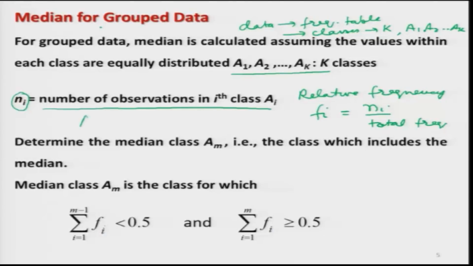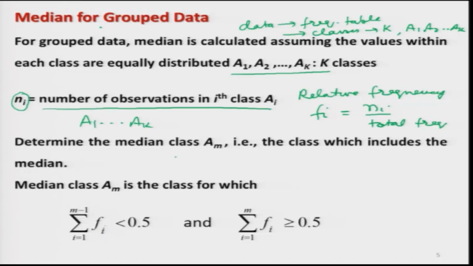Now, after this what we have to do? I have classes A1, A2, up to Ak, and we know by definition the median is the value where the total frequency is divided into two equal parts. So there will be a class where half of the frequency will be lying.